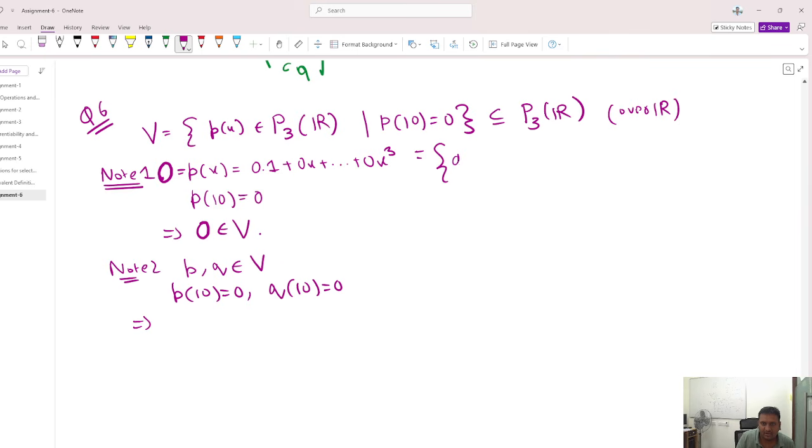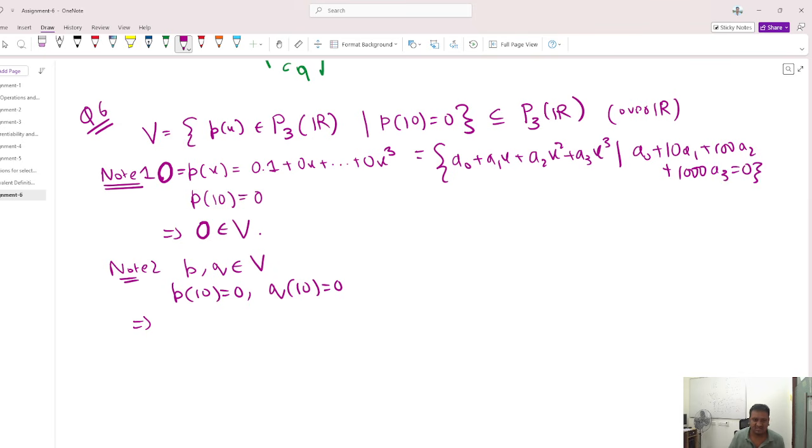So it means all a0 plus a1x plus a2x square plus a3x cube such that P of 10, you have to put, a0 plus 10a1 plus 100a2 plus 1000a3 equal to 0. That's what the condition is.